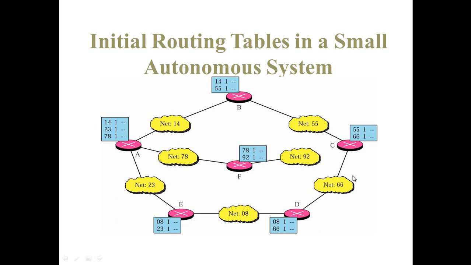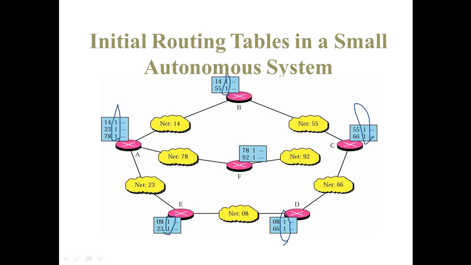D will add 66 and this 8 at the very start, and E will add 23 and 8 at the start. F will add 78 and 92 at the start. You see that these are all single hops: one hop, one hop, one hop. These are the metrics we are dealing with in this kind of protocol, the routing information protocol: single hop.